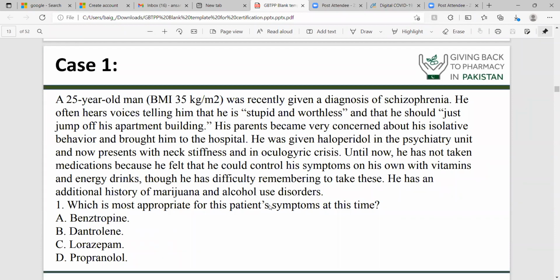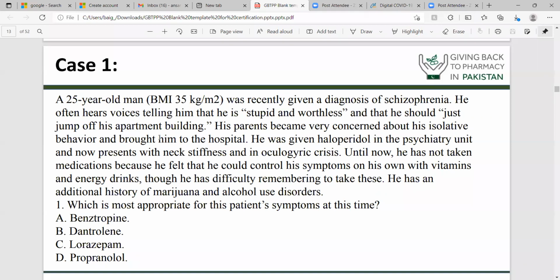Then this is case number one in this study. The question is about a 25-year-old man with a BMI of 35. Whenever we are talking about antipsychotics, as I said, all antipsychotics have metabolic side effects, so we have to think about that. If the patient is already obese or overweight, we have to be careful which antipsychotic we choose.